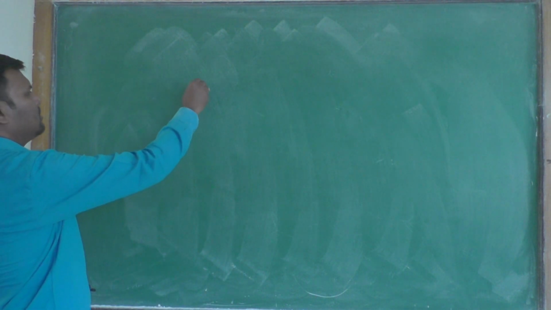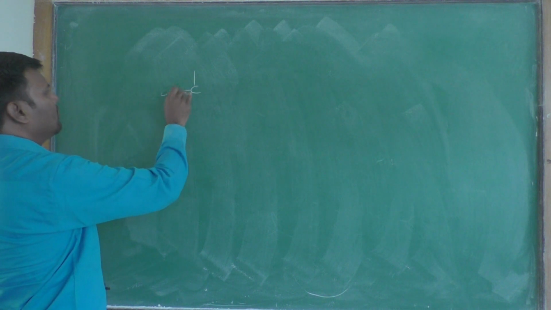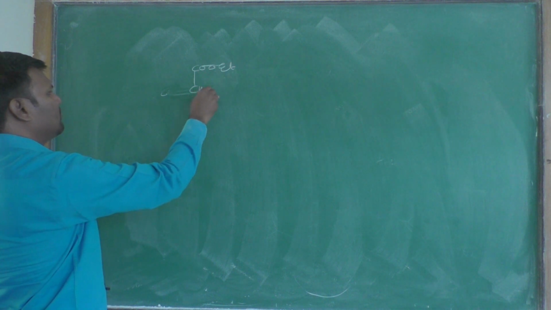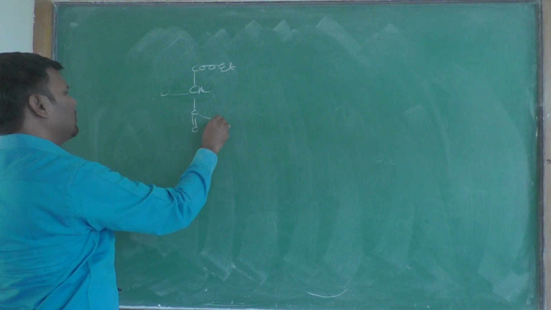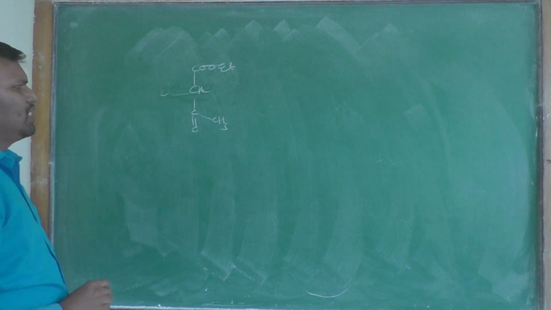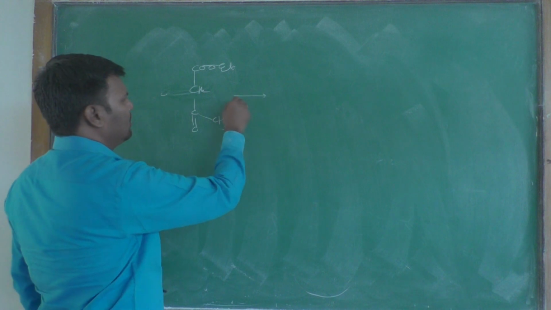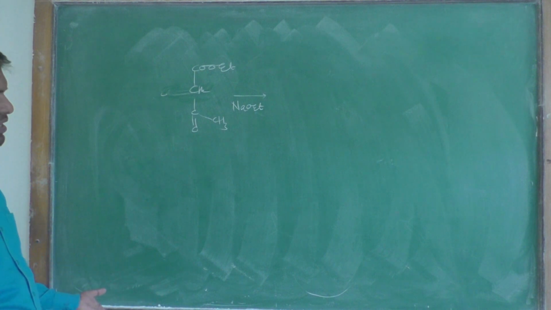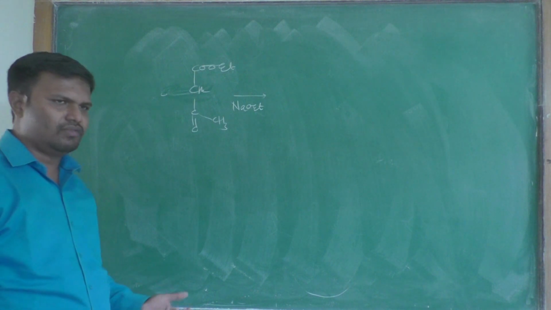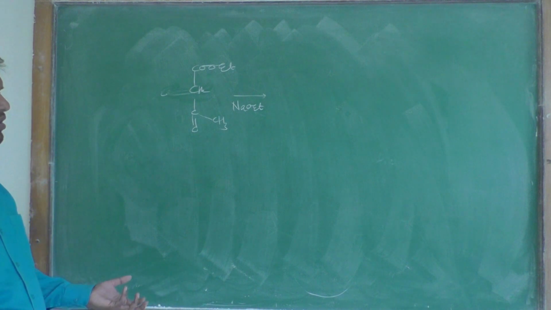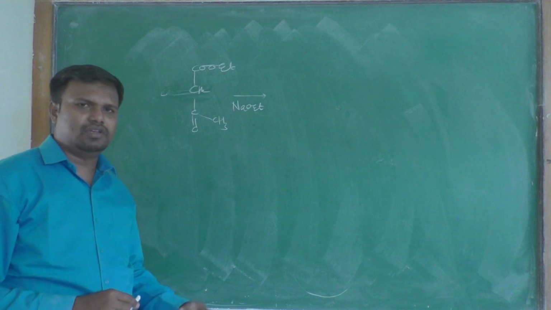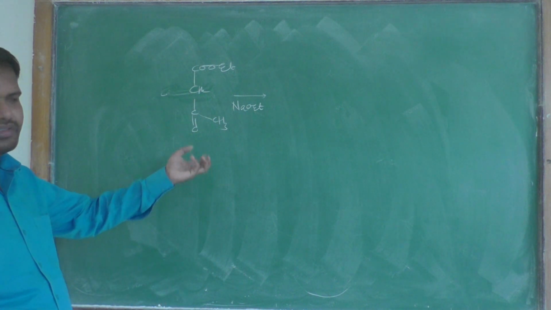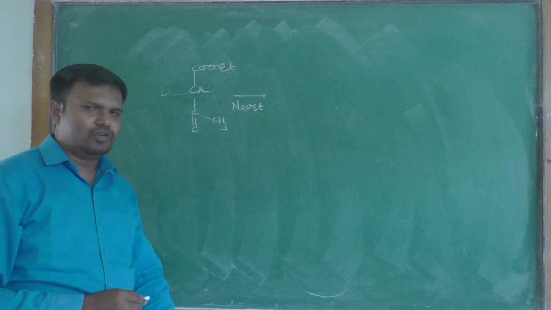Another method is there. We have ethyl acetoacetate, by using the base. Okay, in the previous case also we have the base, we have not shown Na2CO3. In the previous case we used the Na2CO3 base.